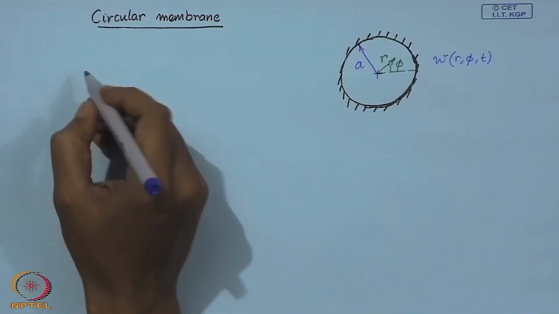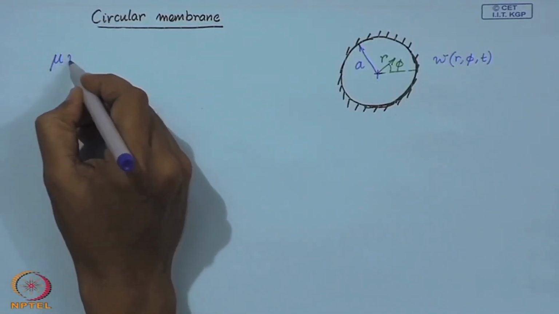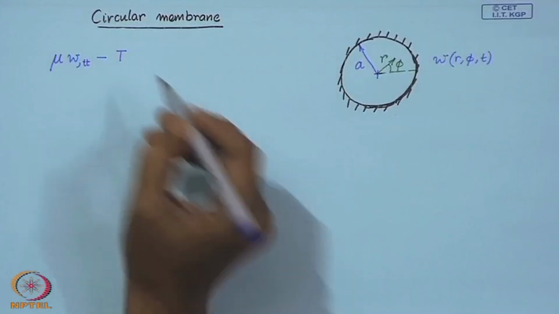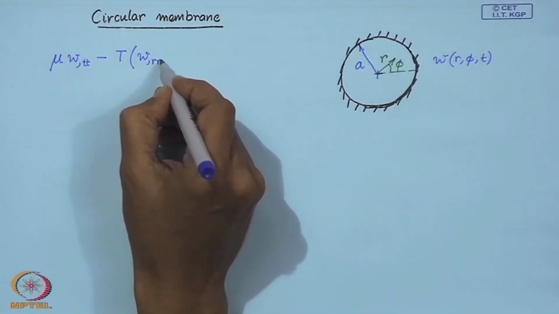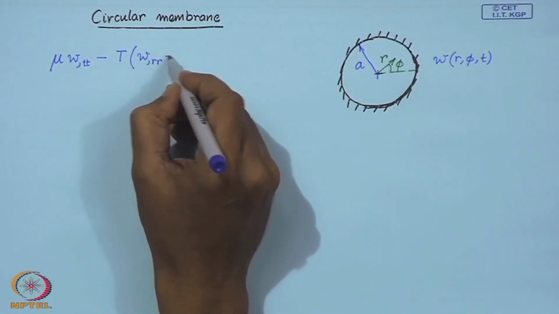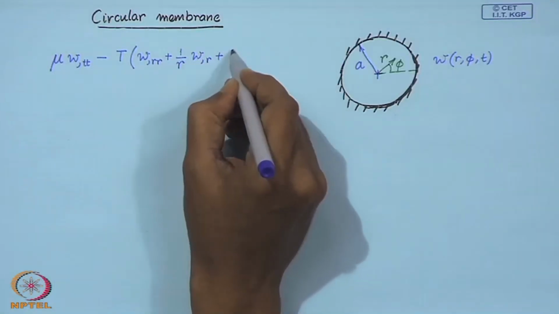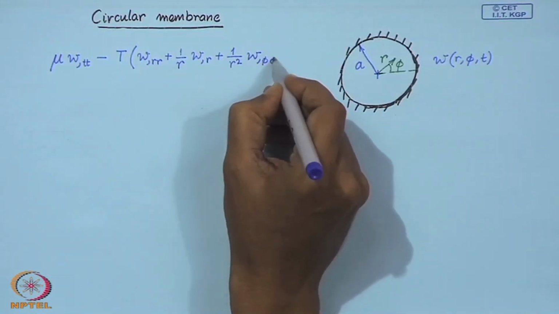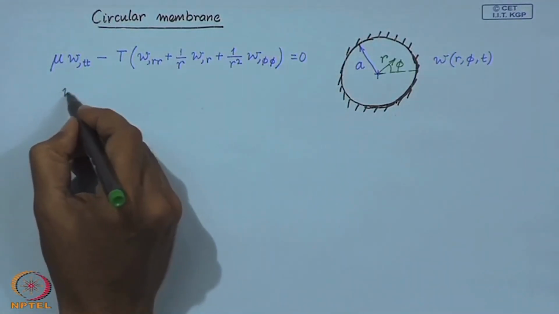So, the equation of motion: if mu is the areal density and T is the force per unit length, then in polar coordinates, the Laplacian operator, along with the boundary condition.